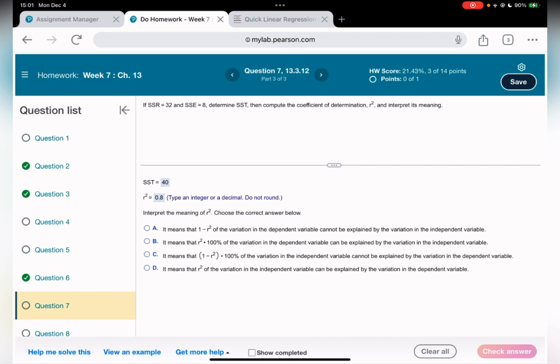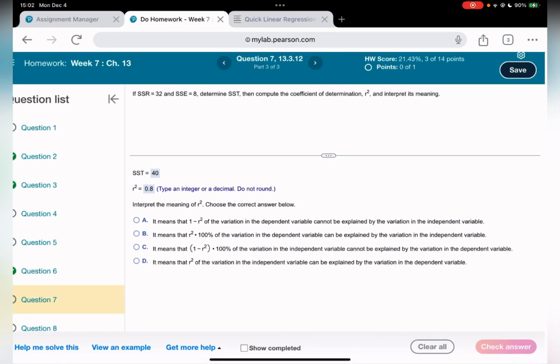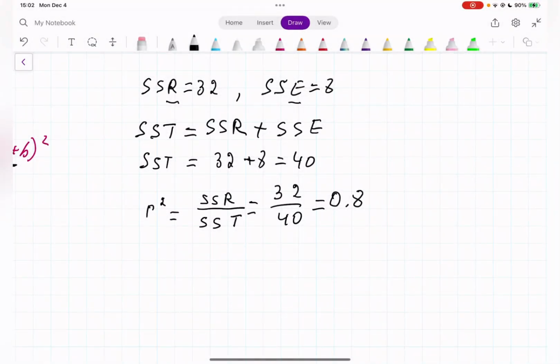Very good. Okay, so next we are going to do the explanation. Interpret the meaning of R squared, choose the correct answer below. Based on this division, SSR over SST, we can identify that the coefficient of determination is the proportion of variation in y that is explained by variation in the independent variable x.